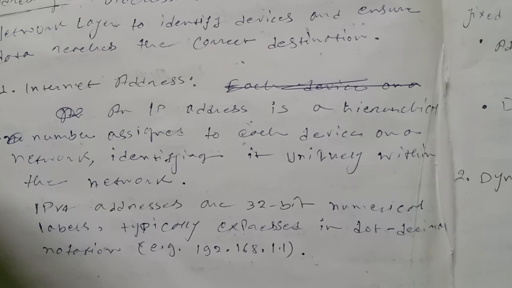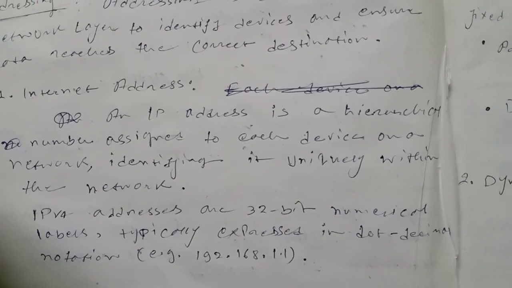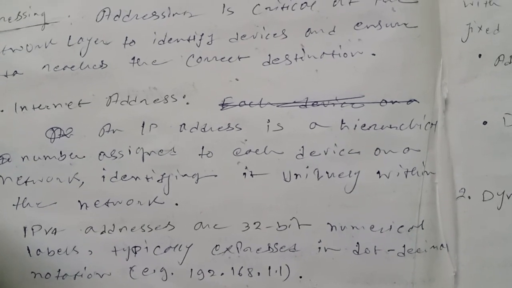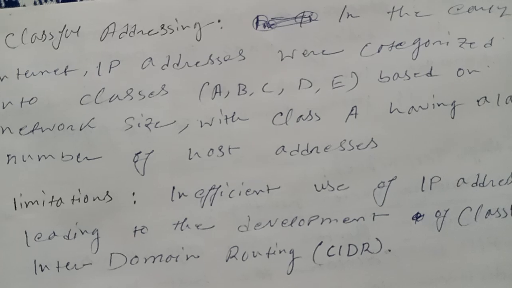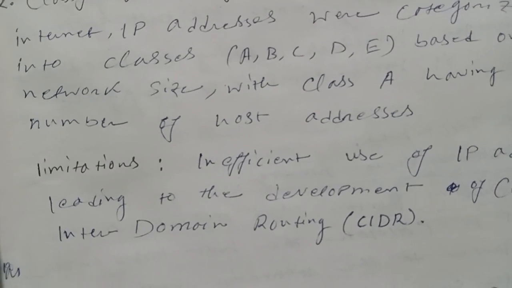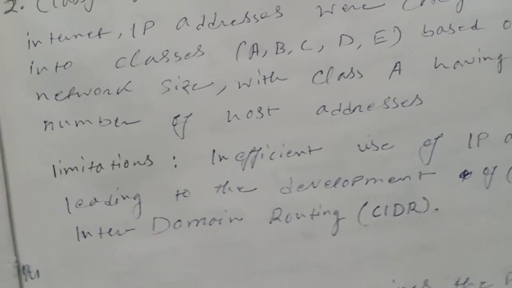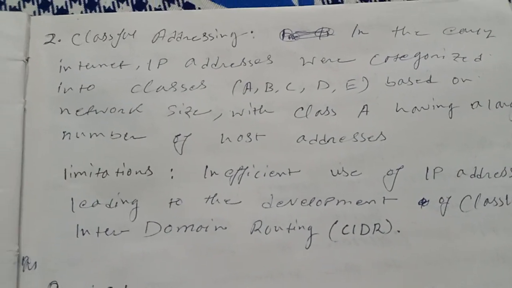IPv4 addresses are 32-bit numerical labels, typically expressed in dot decimal notation. After internet addressing, we have classical addressing.